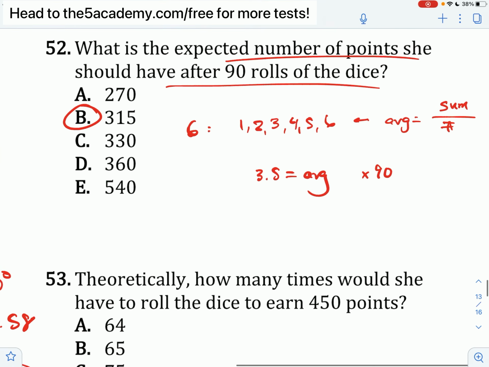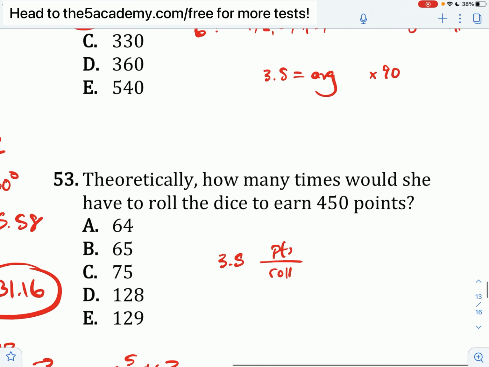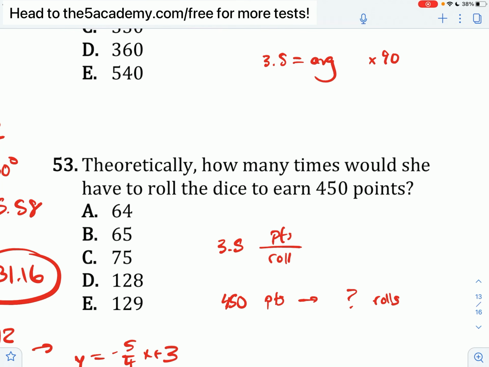Okay, so based on this problem, we know that the average roll is 3.5 points per roll. Now, if I want to earn 450 points, I need to find how many rolls. I can just divide 450 by 3.5 because I know I'm getting 3.5 on each roll.